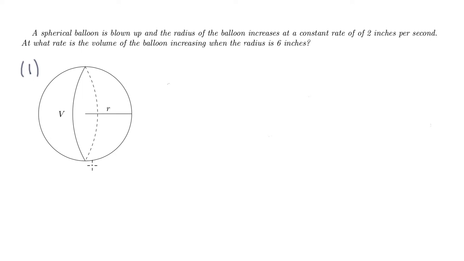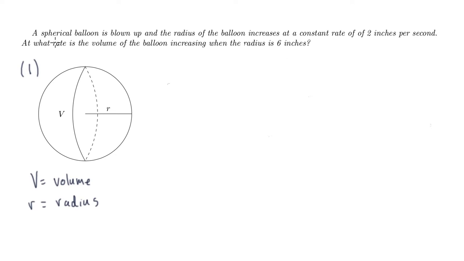I've drawn a picture, and this picture does not have to necessarily be a good picture, but for a lot of people, it helps to visualize: okay, this is a sphere. It mentions the volume, so let me give a name. I'm going to say that V is the volume, and this r is the radius, because those seem to be important to the problem. I want to know something about the volume and the radius.